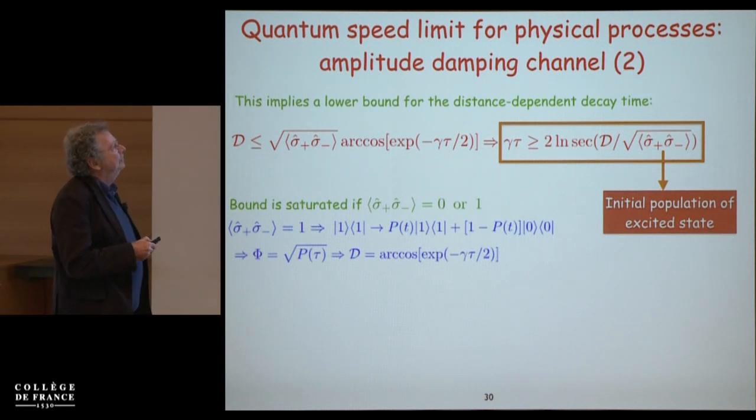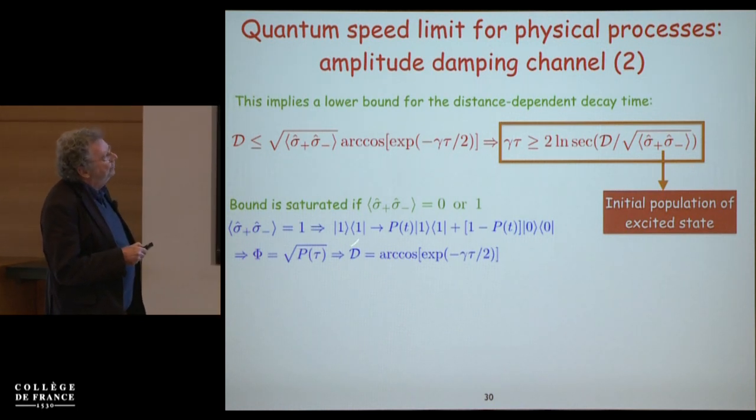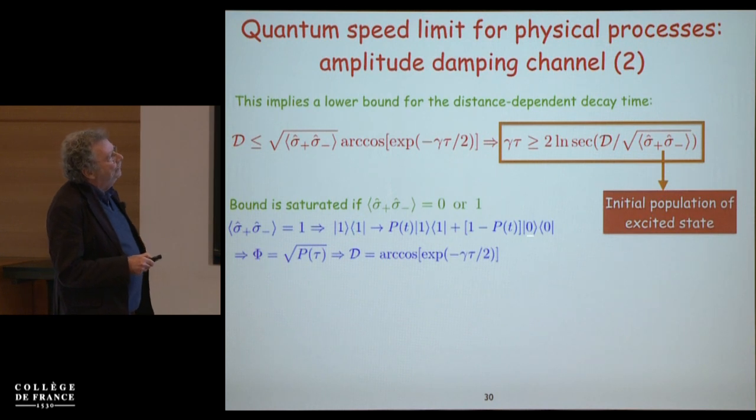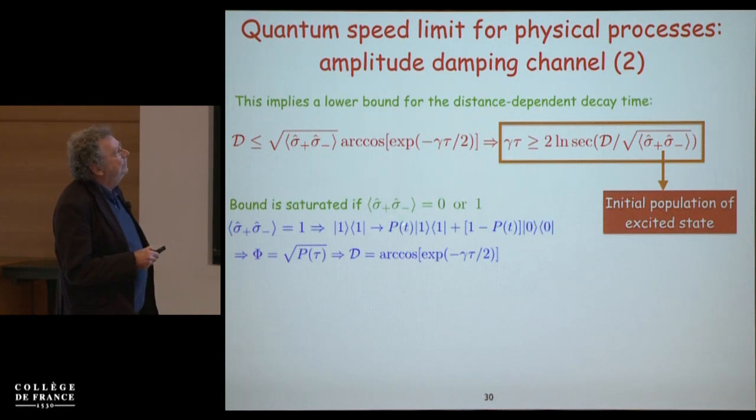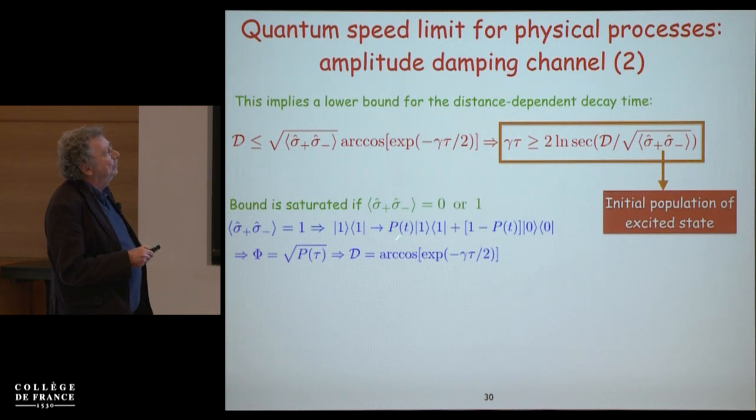Another less trivial example is when the atom is initially in the excited state. Then, in this case, this initial projector here evolves into this superposition. This is just a mixture of the excited state and the ground state. And it's easy to calculate the fidelity between this state and the initial state. The fidelity should be equal to the scalar product between them, so it's given by the square root of this probability.